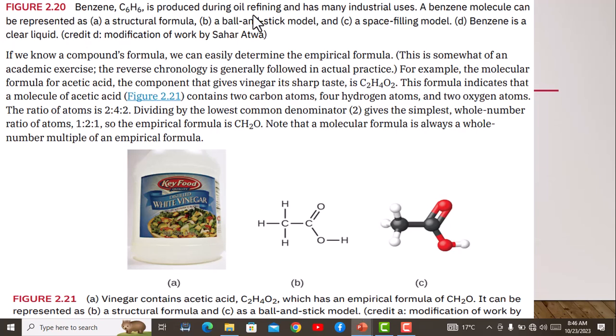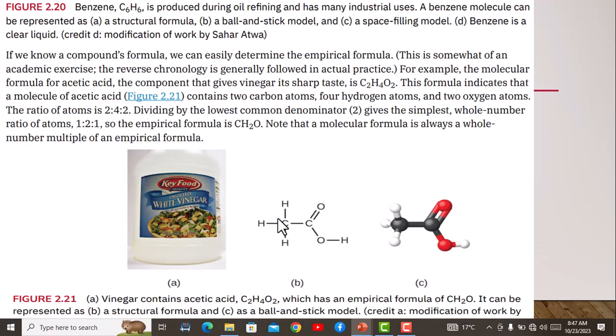I'm not going to go into so much detail. If we know a compound's formula, we can easily determine its empirical formula. We saw that. That's fine. For example, we have here C2H4O2. I can divide throughout by 2, leaving me with CH2O, which is the empirical formula for what now?